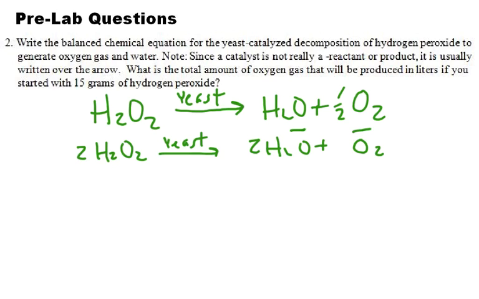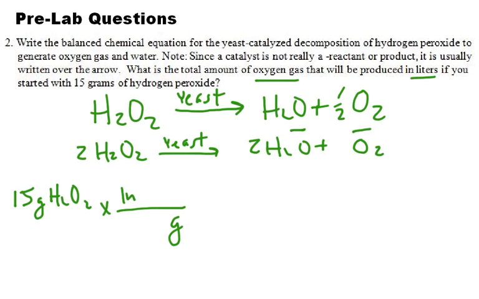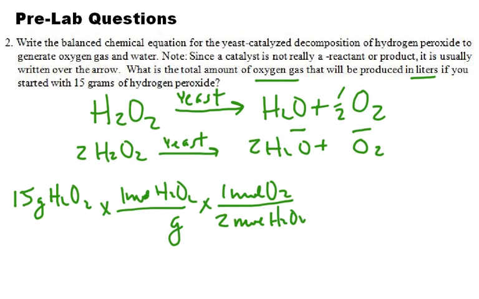Now, what is the total amount of oxygen gas that can be produced if you begin with 15 grams of hydrogen peroxide? So, given is 15 grams of hydrogen peroxide. Okay, the desired is liters of oxygen gas. So we need to go grams for 1 mole of H2O2, and I'll leave you to calculate that. Then, heart of the problem, for every 2 moles of H2O2, we get 1 mole of O2.